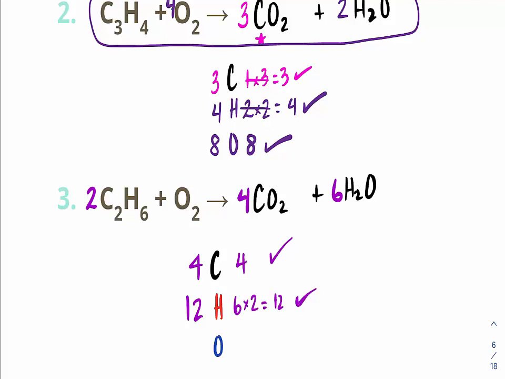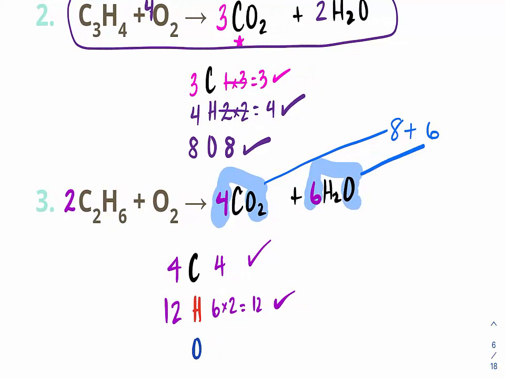All right, now let's add up the oxygens again, and it's going to work this time. Oxygen, I have 4 times O2, that's 8, plus I have 6 times 1, that's 6 more. So 8 plus 6 is 14. 14 oxygens on the product side.